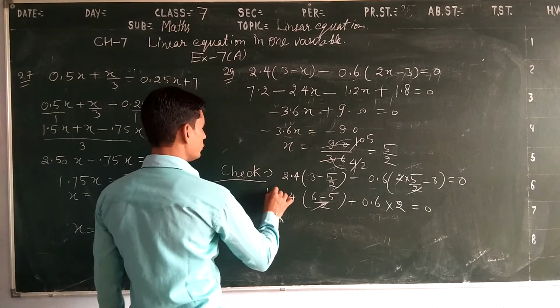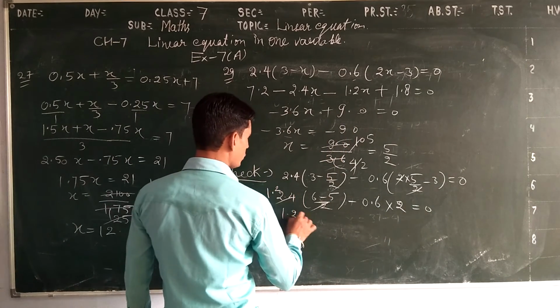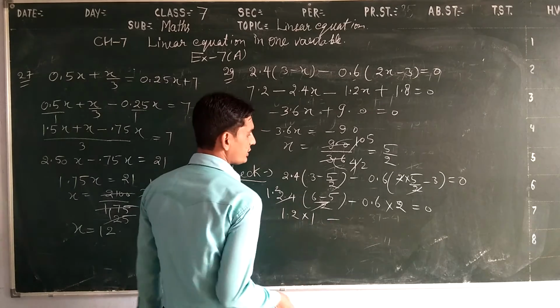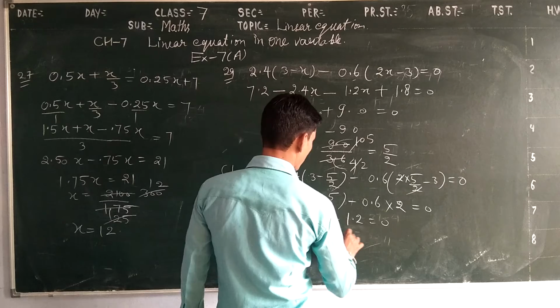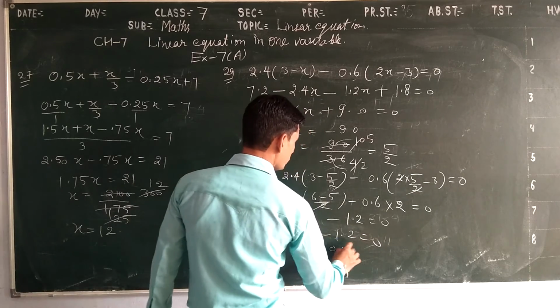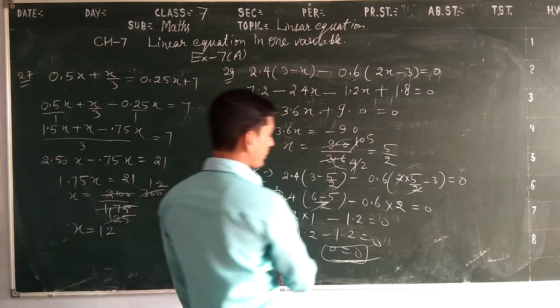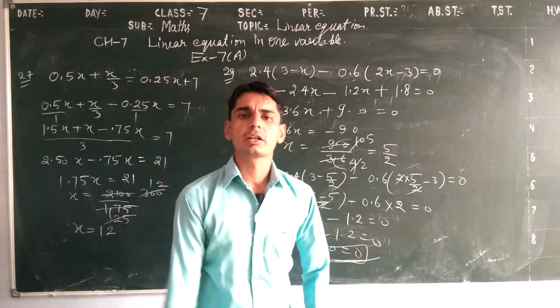So 2 1s are 2 and 2 2s are 4, so 1.2 multiply 1, and here 6 2s are 12, 1.2. So 1.2 minus 1.2 is 0, equals to 0. So your answer is right because left hand side equals to right hand side.